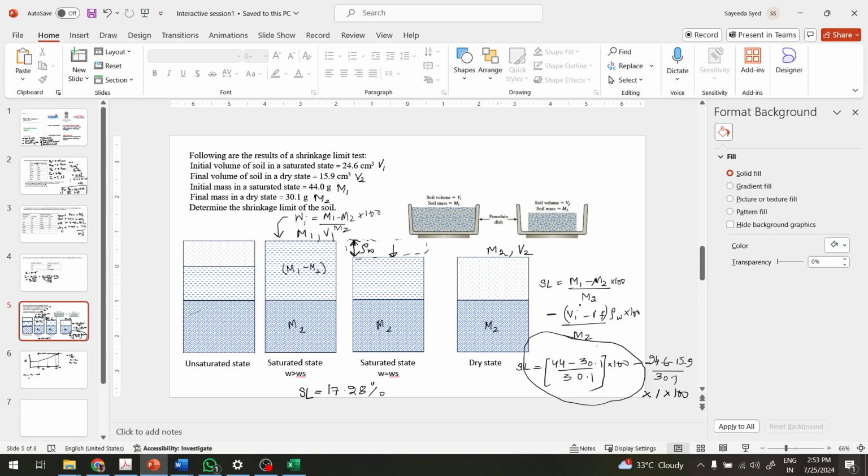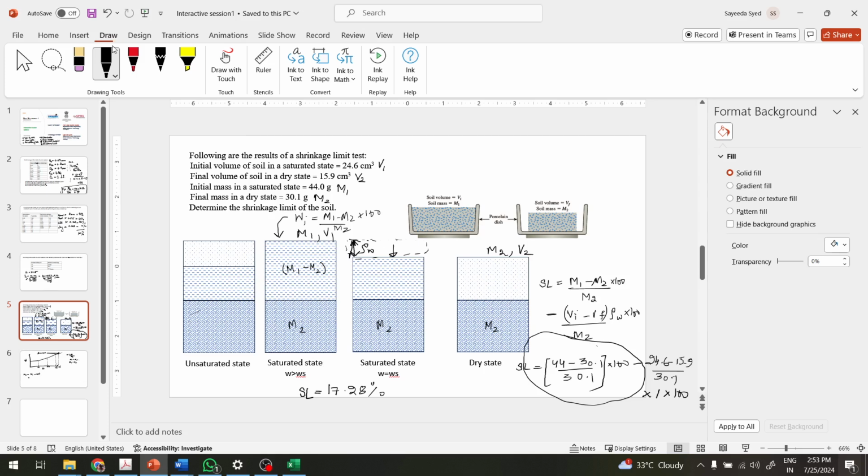So what we are taking is Vi minus Vf, V initial minus V final, and because we want to subtract this, we will subtract from this the weight of water over M2, and that is what we are calculating here.